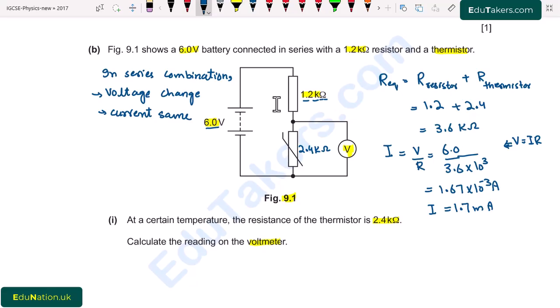It means that 1.7 milliampere current passing through 1.2 kilo ohm resistor and 1.7 milliampere current also passing through thermistor.